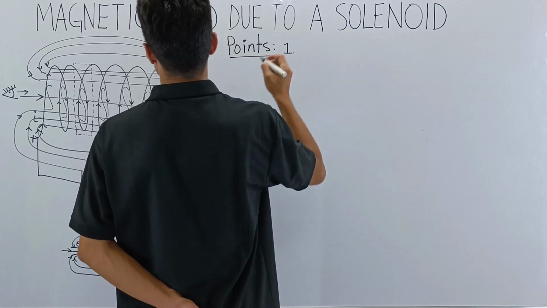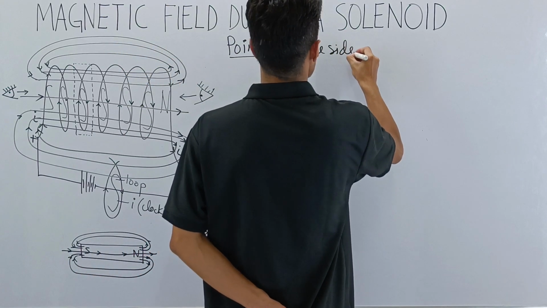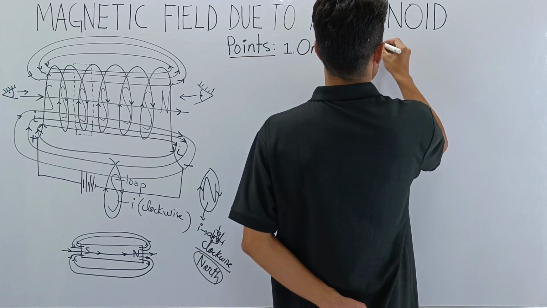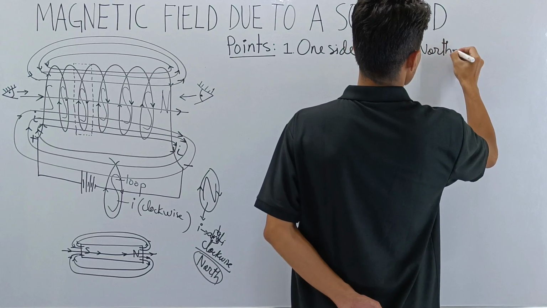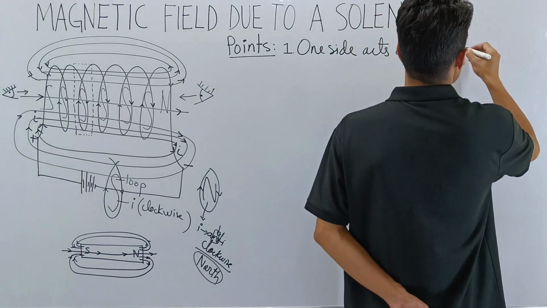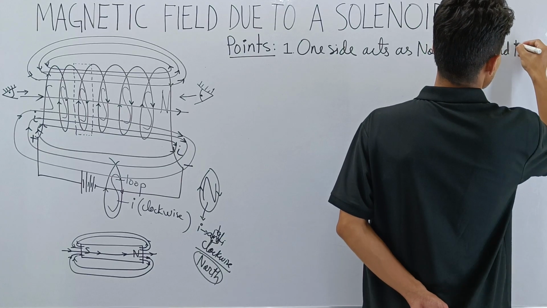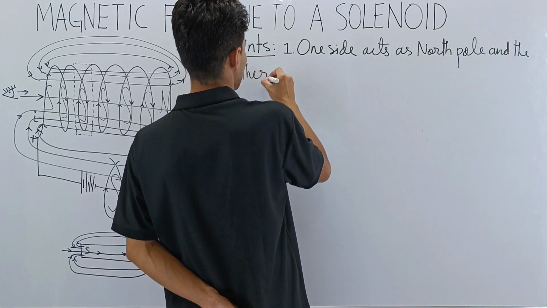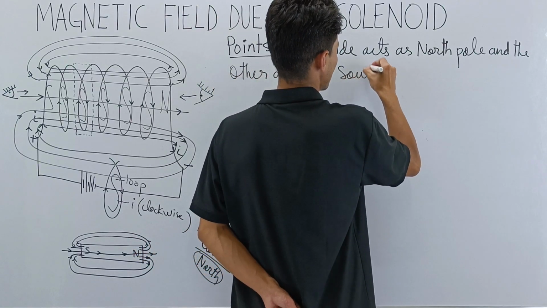Number one, one side acts as the north pole and the other acts as the south pole.